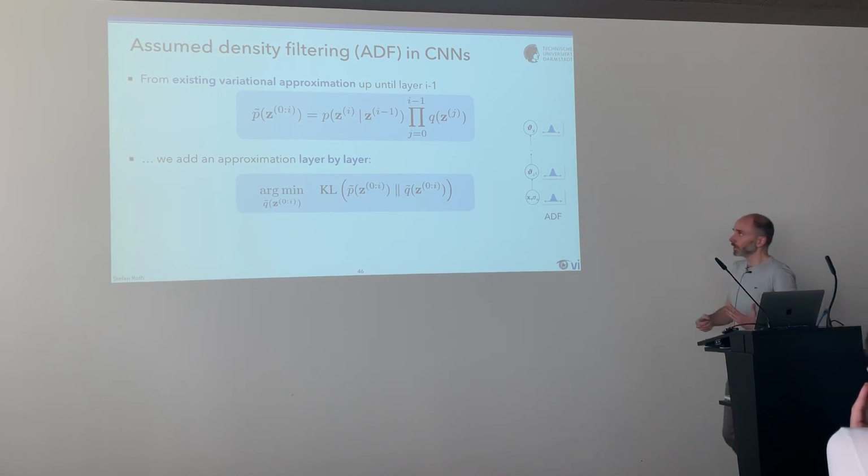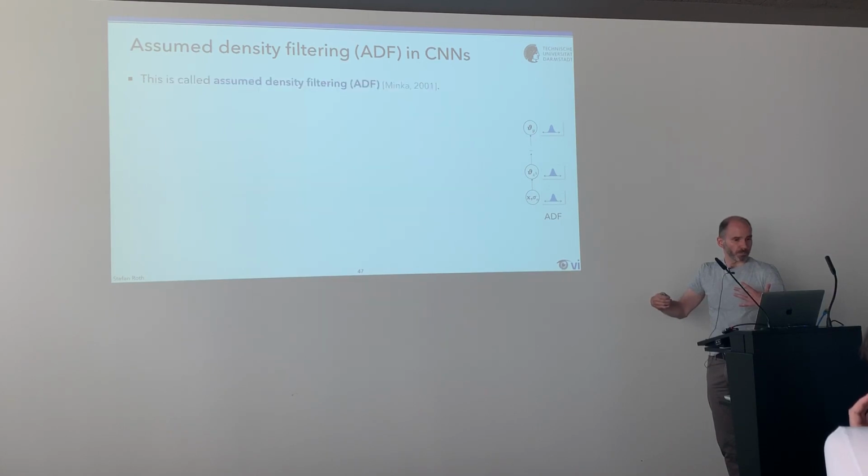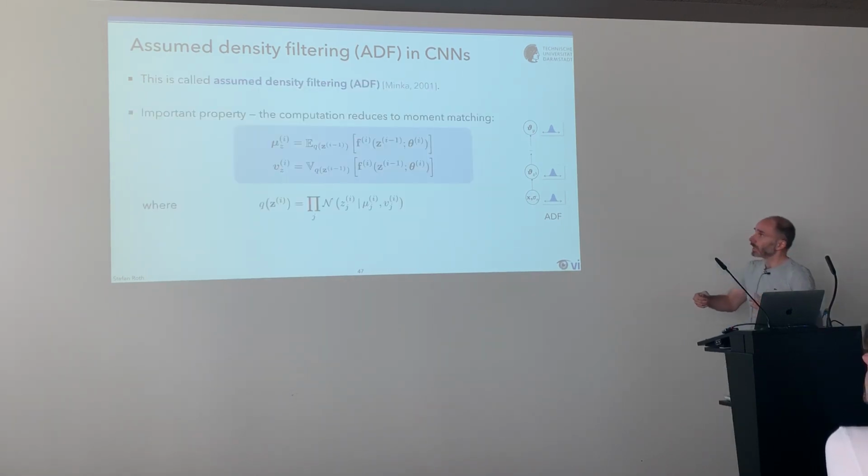And it turns out what that means in the assumed density filtering context is that we simply need to do moment matching. Okay? So as Minka showed, if you basically do layer-wise, or well, in a graphical model, starting from one specific node going out, you would do variational approximations using assumed density filtering, you basically need to do moment matching if you use an exponential family distribution as the variational distribution, and we use a Gaussian, so that means we need to determine the mean activation and the variance of activations at every layer.